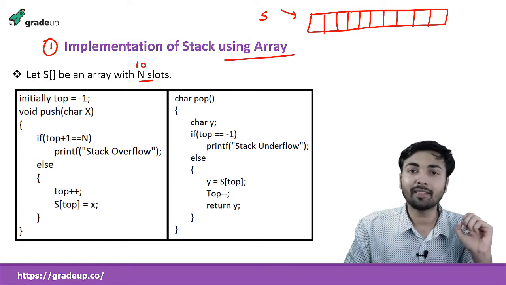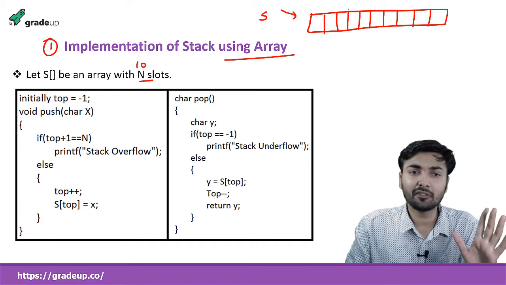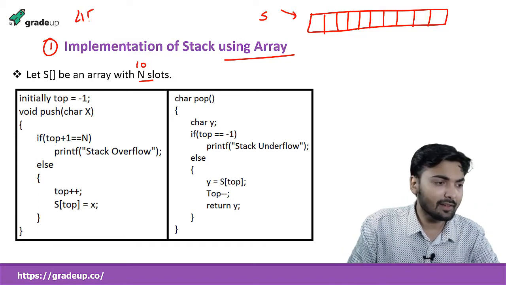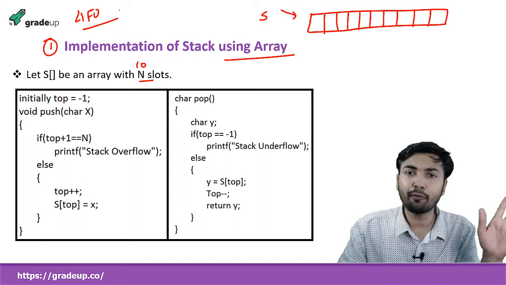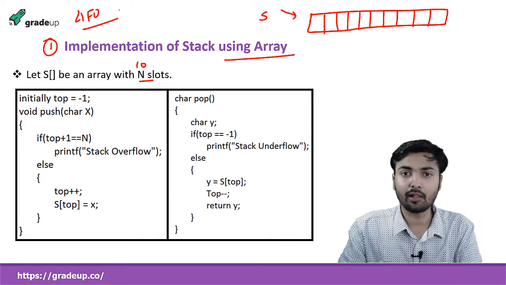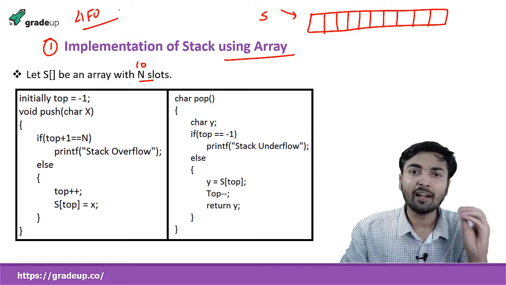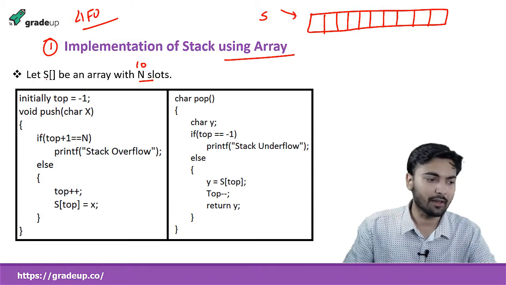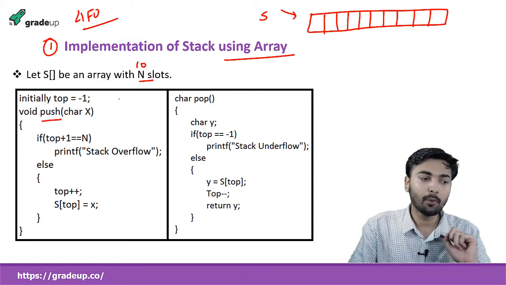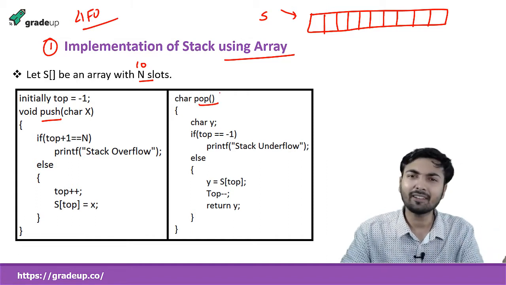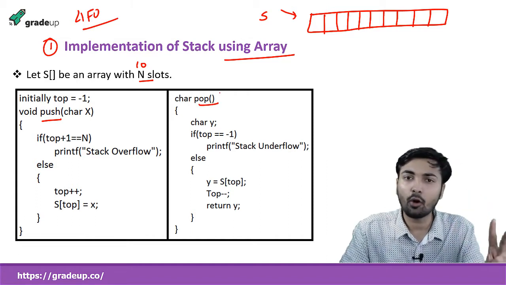Now I want to implement stack. Guys, please remember in case of stack, you have to implement LIFO order. What is meant by LIFO order? Last in, first out. The last input must be the first output. That you have to do, nothing else. So I have 2 codes, push and pop, the 2 basic and main operations on stack.